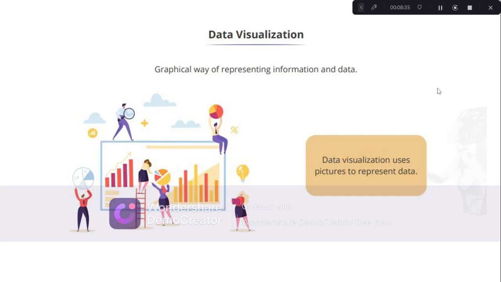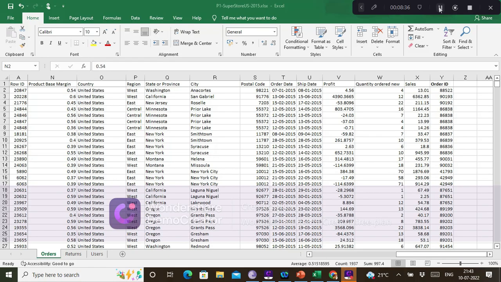here in the Excel sheet, you can see margins, country, region, state or province, city, postal code, order date, etc., right? If you look at all this data, it's a bit confusing. You can't understand what's happening where. Let's consider, I'm very bad at drawing, but let's see.